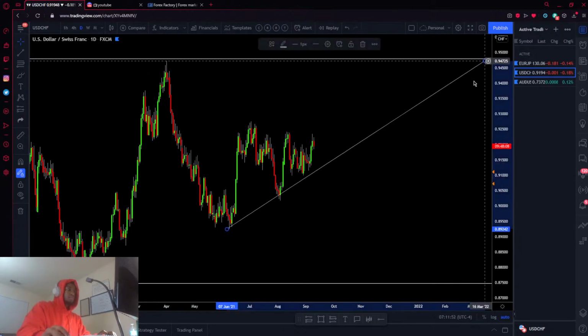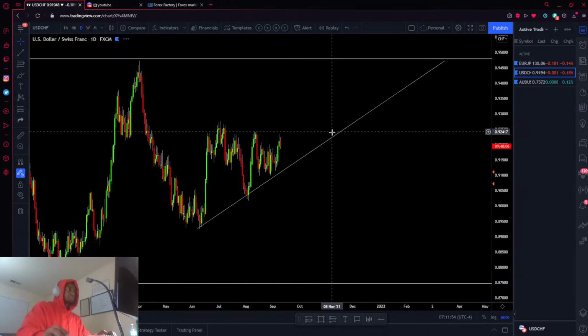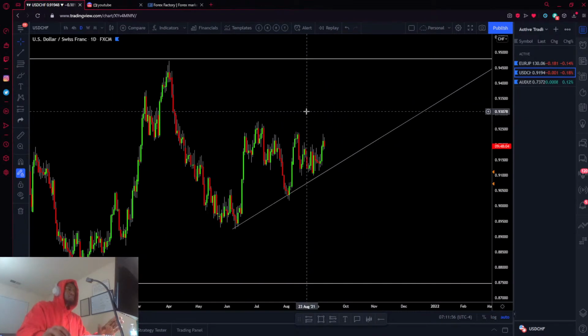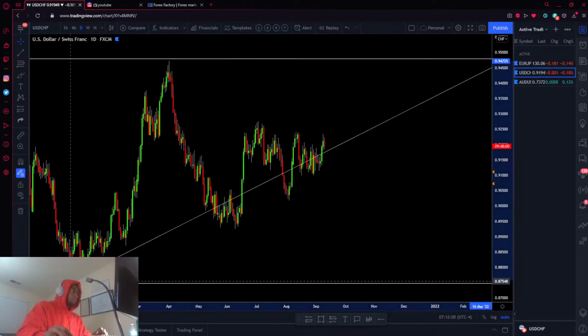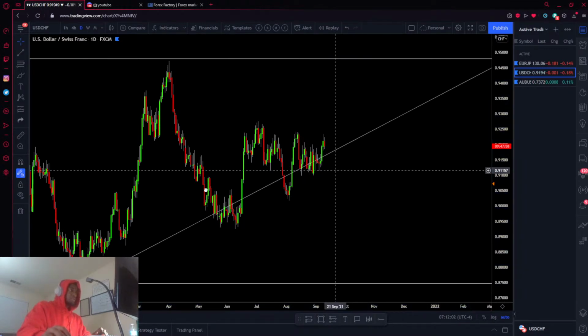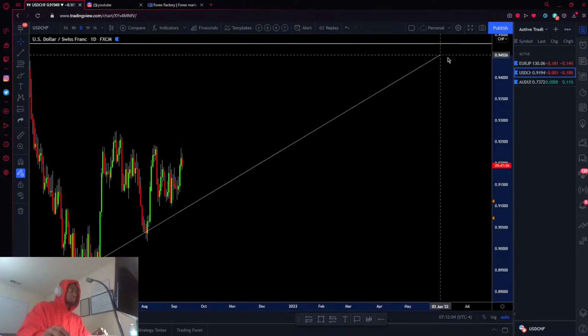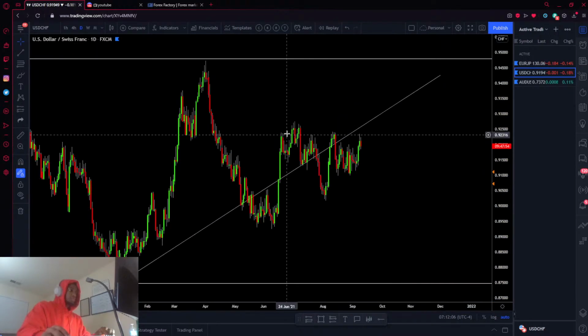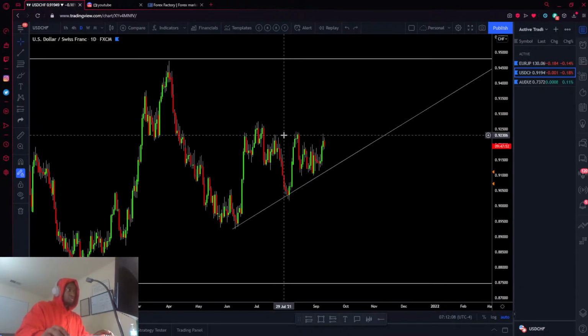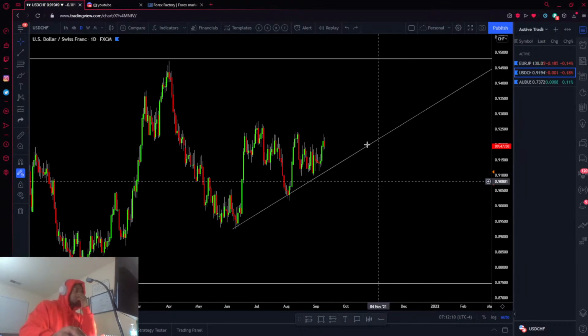Okay, we have this uptrend here. Well, potential uptrend. So let's draw the real uptrend. It'll be this. Yeah, and that's not useful at all. This is useful though.